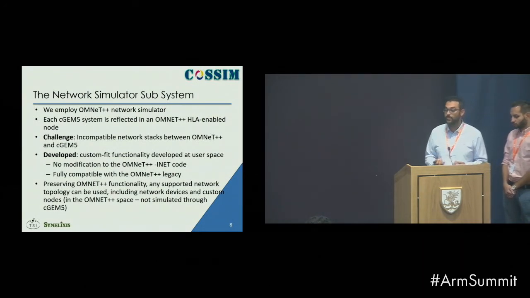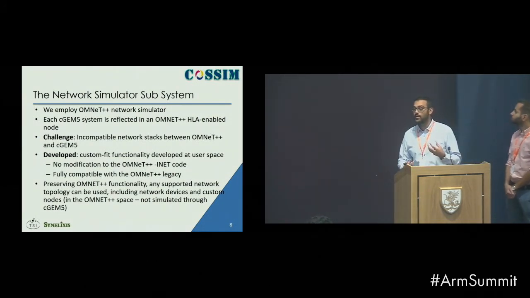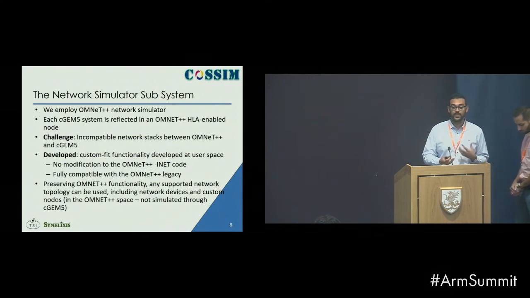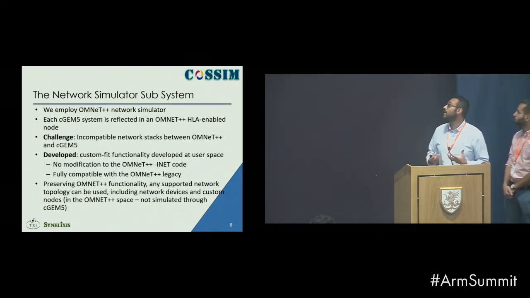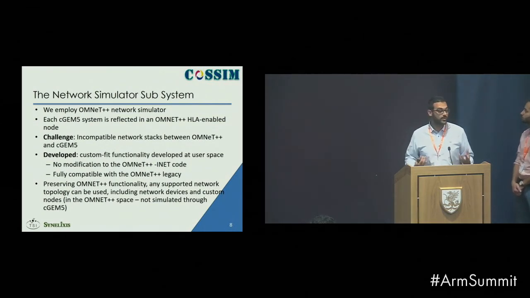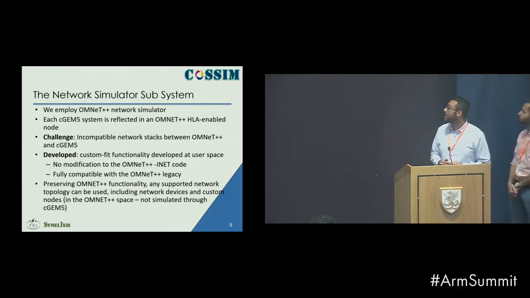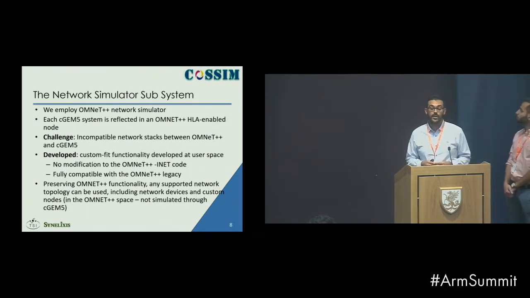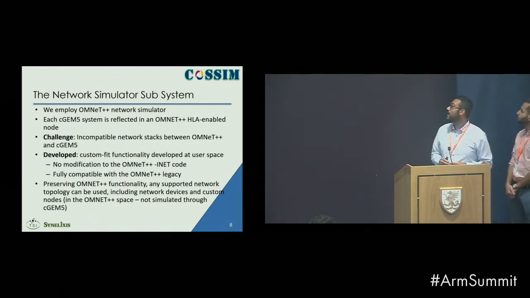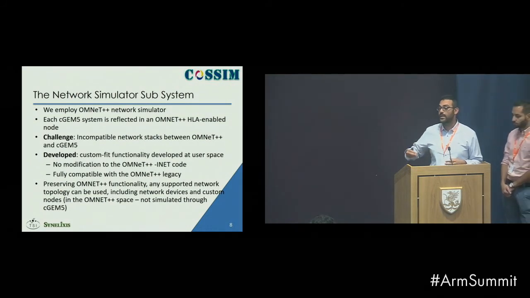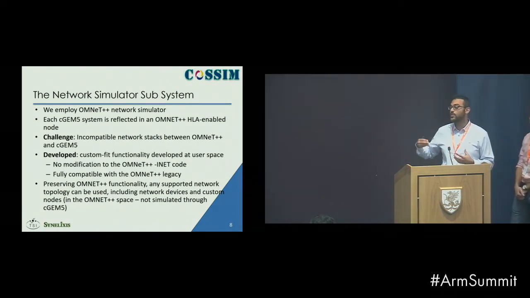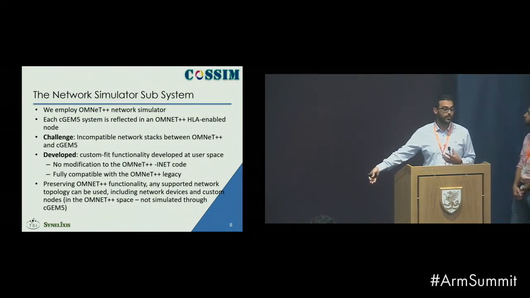Therefore, they are not compatible. So if we are willing to use whatever has been developed as a network model in Omnet++, there has to be a bridge between the two, and this is what we have done. And therefore, we support everything that Omnet++ supports, and that means that you can have any kind of topology and also a lot of different kinds of networks.